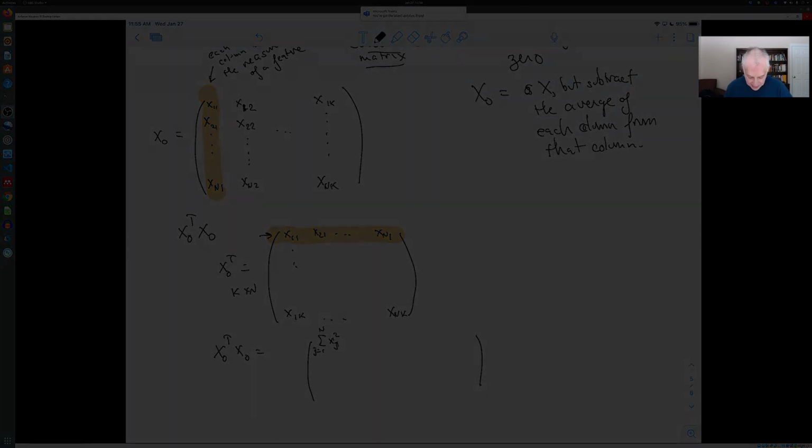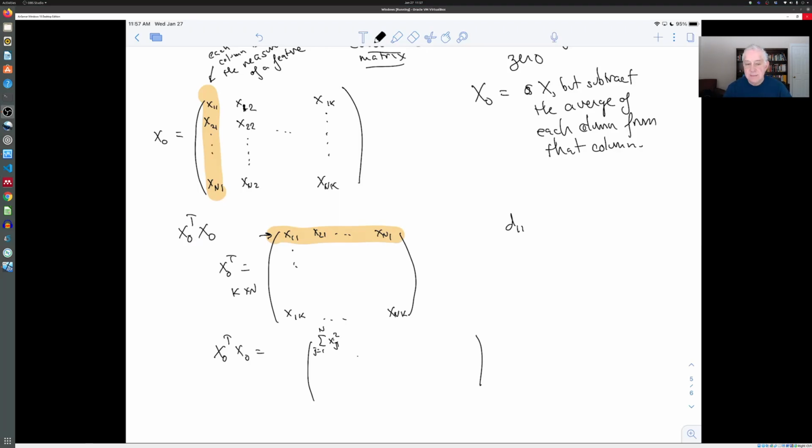And in the diagonal entries, I'll make a note here that d11 is going to be 1 over n times the sum of xj1 squared, j goes from 1 to n, where dii are the diagonal entries of D0.